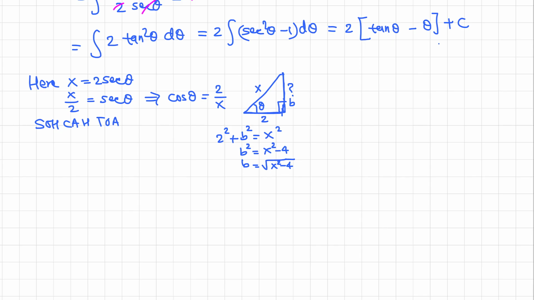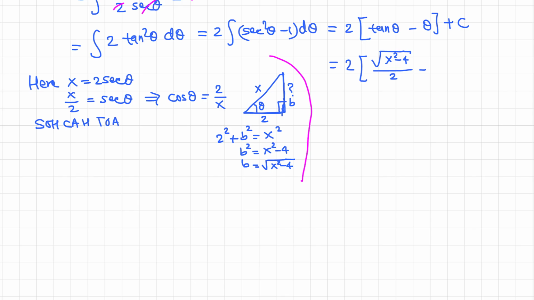Then we can go back and write down the final answer. 2 times tangent is TOA, opposite over adjacent. So in this case, b over 2, where b is the square root of x squared minus 4, over 2, minus theta.